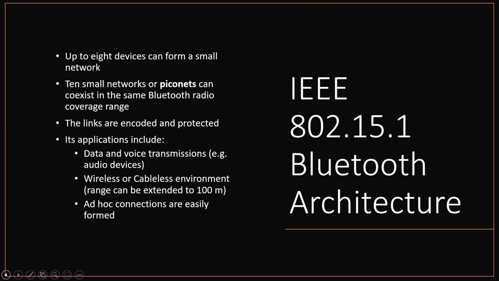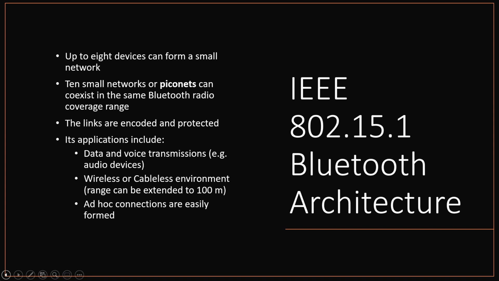Another application is a wireless and cableless environment, because for a small range, for example 10 meters, if you connect to everything within that range using wires, then it would create a huge amount of cable and a messy environment.